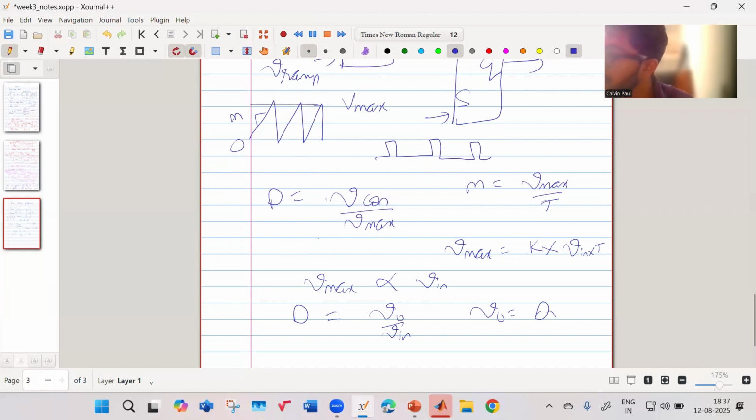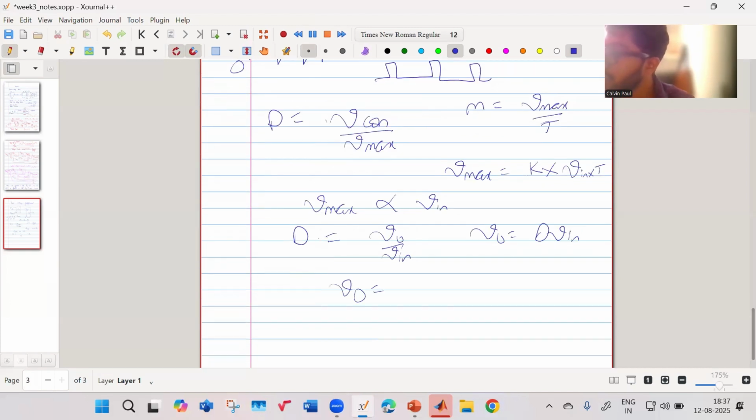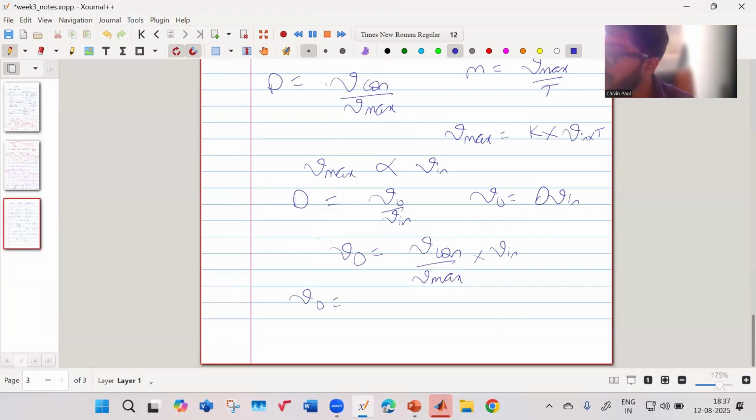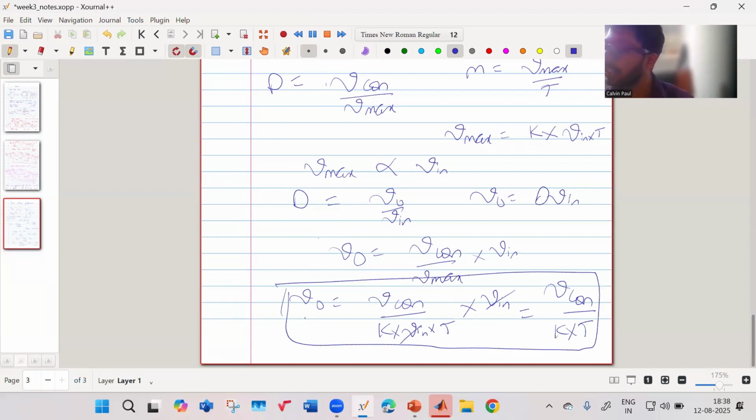So your Vout is D into Vin, and your D is Vcon upon Vmax. So Vout is Vcon as it is, over Vmax, which is K into Vin into T, into Vin. Your Vin and Vin get cancelled, so it becomes Vcon upon K into T. That means your output voltage in this case is becoming independent of Vin. That is how you are rejecting the disturbance.